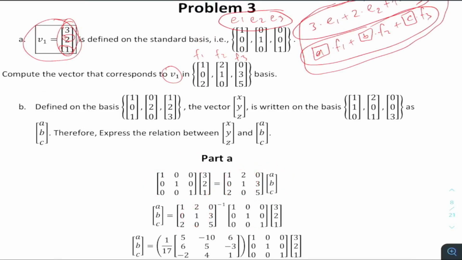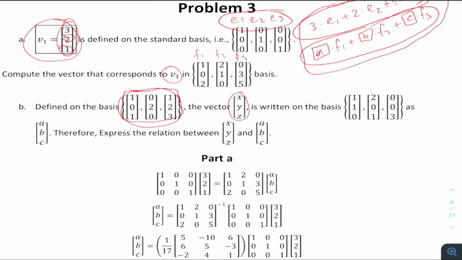And let's focus on part B. These are the basis vectors, and the vector xyz is defined on that basis.